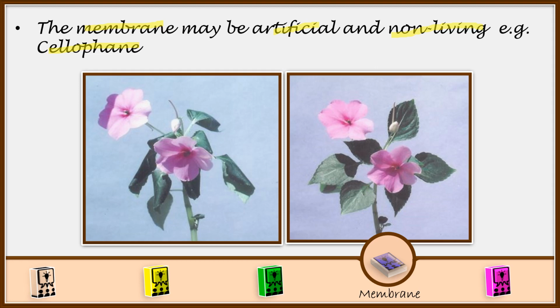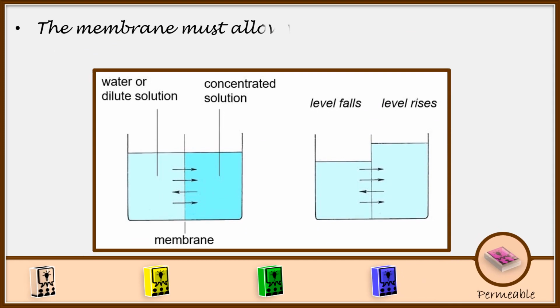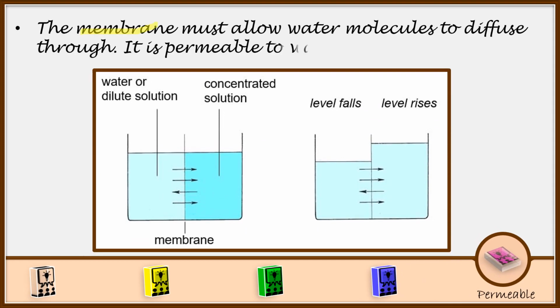We can form an artificial or non-living membrane like cellophane, and it can be used in the experiment to show us the process of osmosis. The membrane must allow water molecules to diffuse through. It is permeable to water.